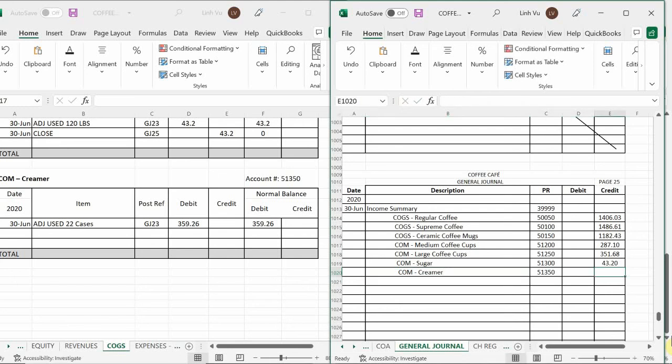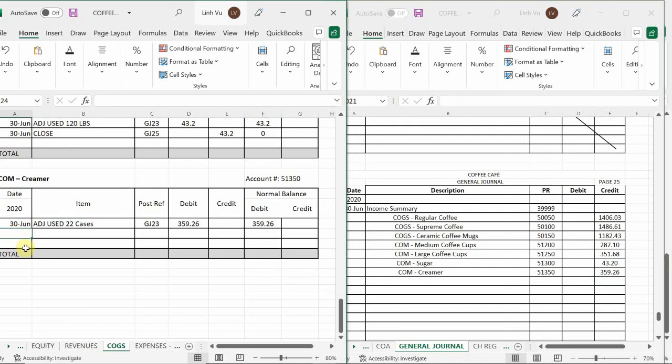Okay, for a total of $359.26. Okay, and that should also give you your account balance to equal 0. 359.26. So that's all of my cost of goods sold.